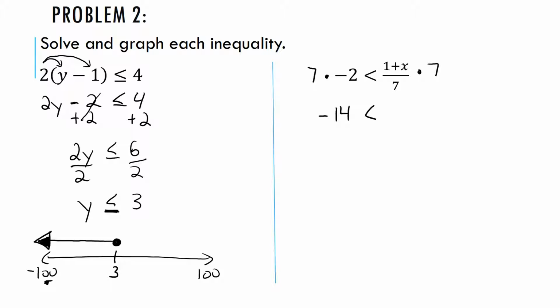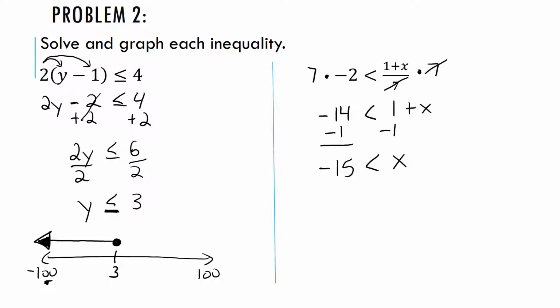Now remember, when you're multiplying the fraction part, the 7 and the 7 are going to divide out first. Nothing happens to the numerator. Now I'm going to get the x by itself by subtracting 1 from both sides. And we have -15 is less than x.